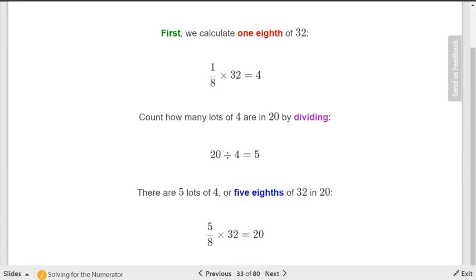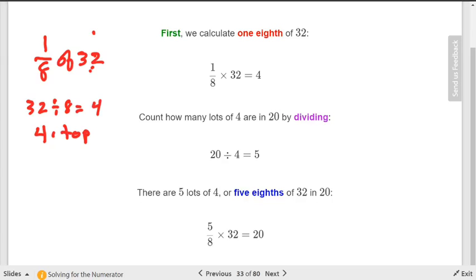It's easy to calculate 1/8 of 32, right? 1/8 of 32 simply means take 32 divided by 8 gives us what? 4. Yeah, 32 divided by 8 gives us 4, right? Do you agree? And then we would usually take 4 times that top number to get our new number.